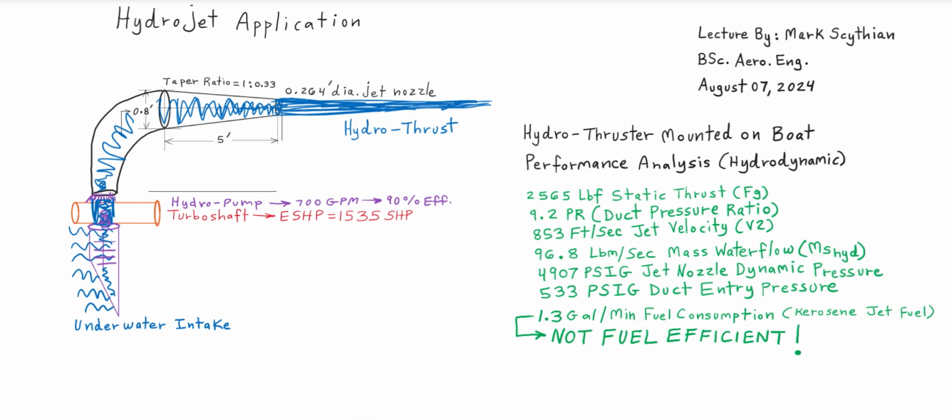So this tells us a lot if we were to scale this down and make it much smaller using perhaps a diesel power plant or even a high-end gasoline two-stroke. It still would correlate to a proportionally not fuel efficient piece of equipment, because we see some people trying to build hydrojet applications and everything goes smooth and they have a lot of fun with it, but they run out of fuel very quickly.